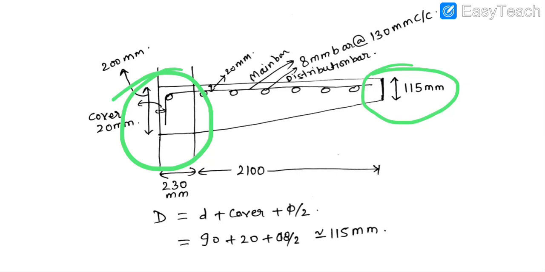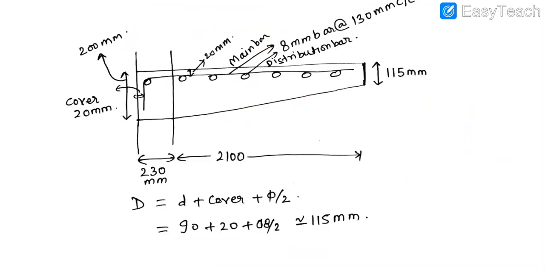Here you can see in this diagram that the reinforcement is provided on the upper side and not on the lower side. So the main bars have been provided along the upper area, above the neutral axis, in the tensile zone.